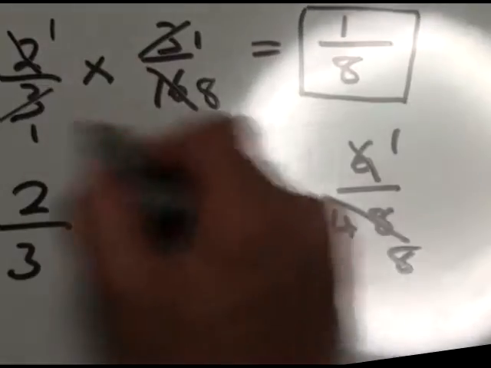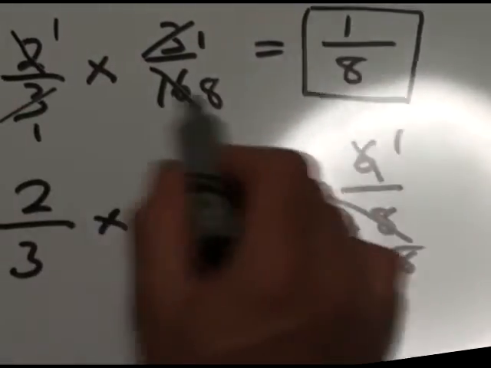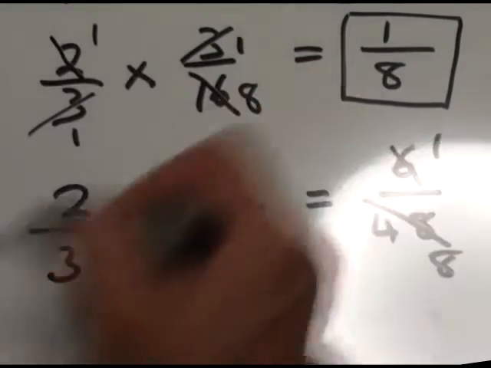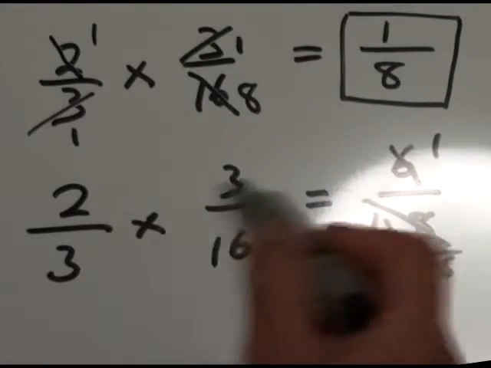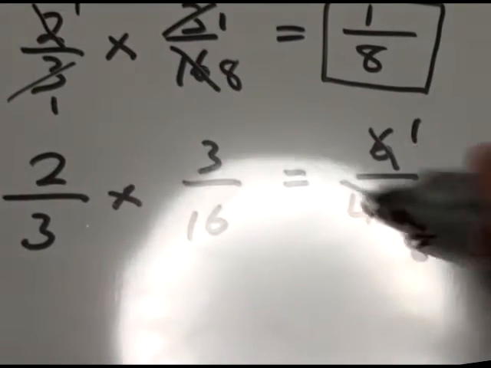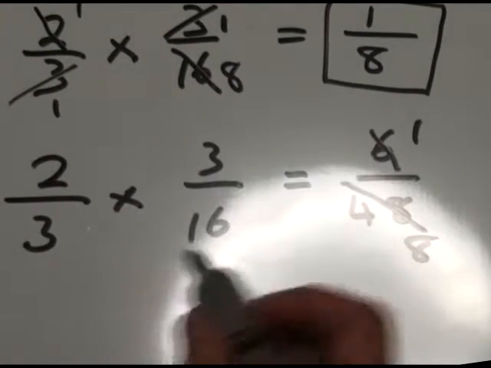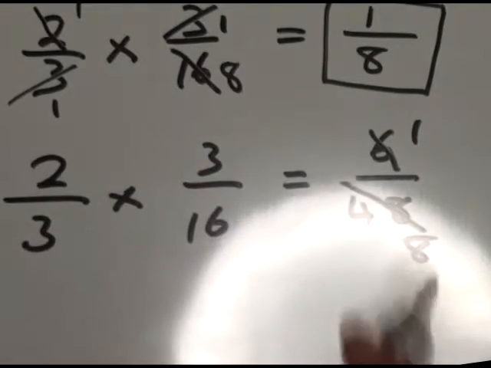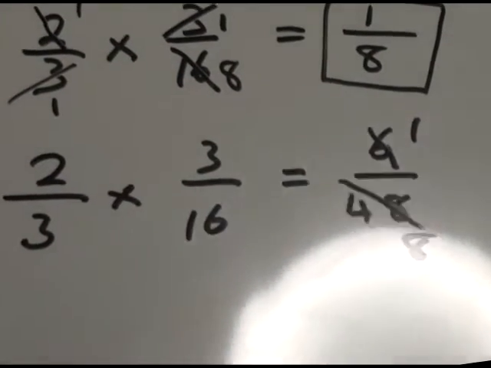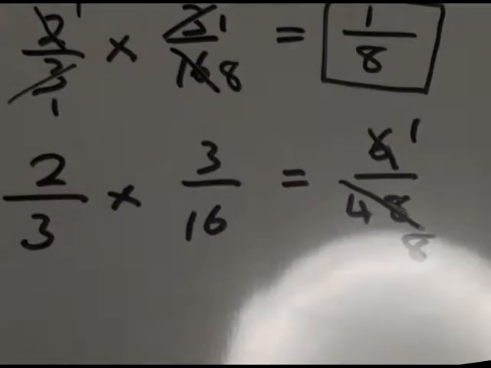So simplifying as early as possible before you do the multiplication is easier, because you're simplifying smaller numbers like 3 and 3 and 2 and 16 as compared to simplifying bigger numbers like 6 and 48. So I would suggest whenever you have any kind of multiplication of fractions, you look for simplifications as soon as possible.